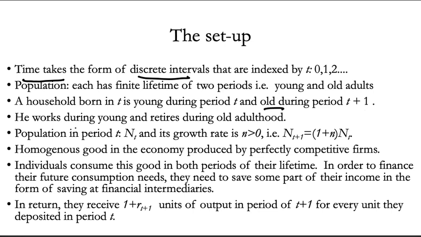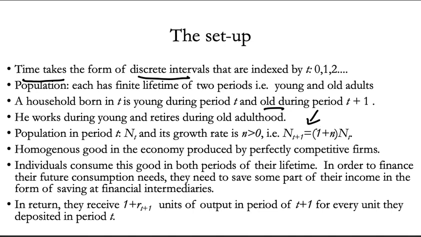He works during young adulthood and retires during old adulthood. The total number of individuals in the economy in period t is given by capital N_t, and this population grows at a positive rate of small n. I'm sure you have seen this in the Solow model.